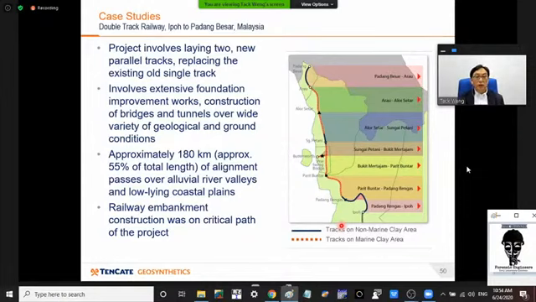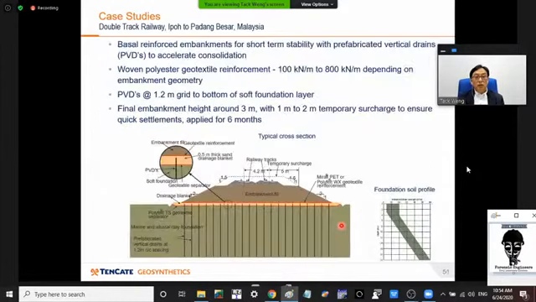For this, the embankment construction was on the critical path. So the combination of using PVDs and basal reinforcement was adopted for this design.